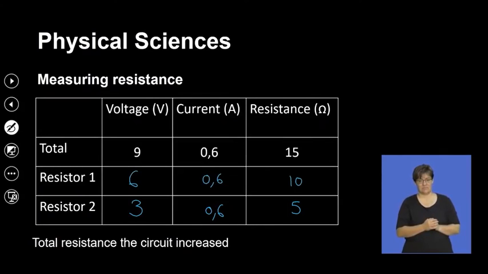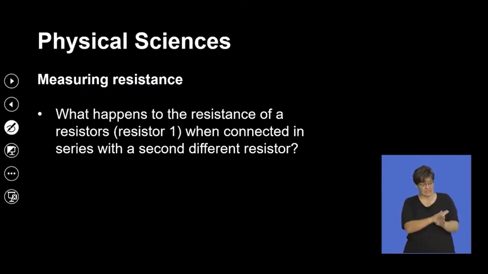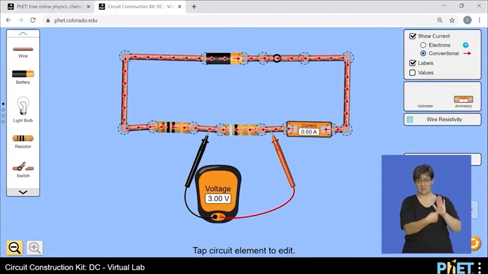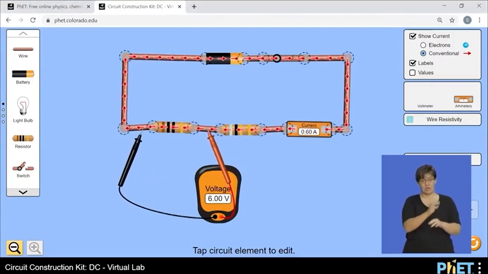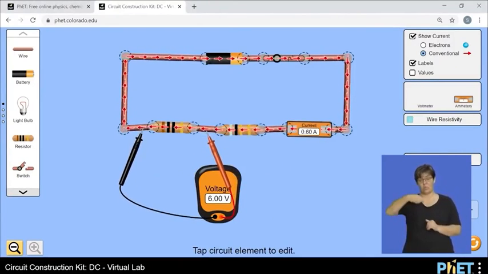Now, what happens to the resistance of resistor 1 when connected in series with a second different resistor? We realize that the resistance of R1 doesn't change, because if we go back to our simulation and calculate the resistance of R1, we've got 6 volts versus the 0.6 amperes, it will still give us the same 10 ohms.